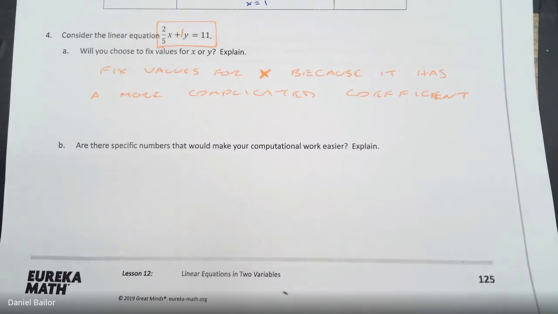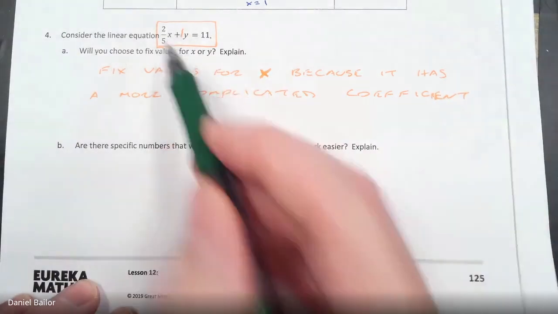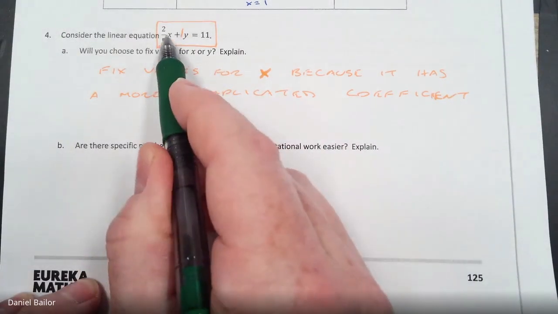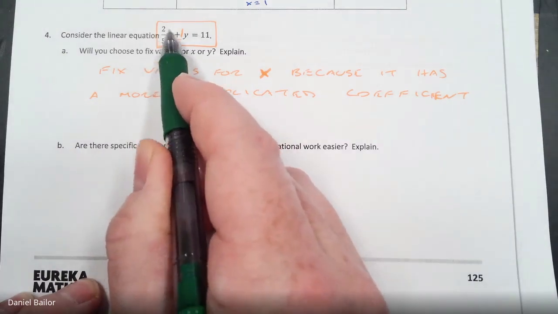And B, are there specific numbers that would make your computational work easier? Explain. So looking at this, when we fix values for x, what x's should we pick? Well, if you're talking to me and I see 2/5, I say, if I pick 0, that's pretty easy because it makes the fraction go away. 2/5 times 0 is 0.